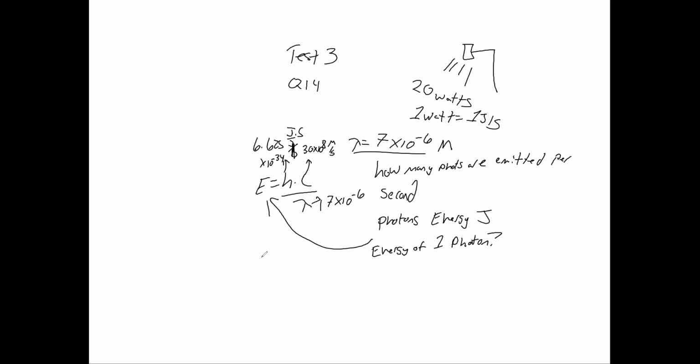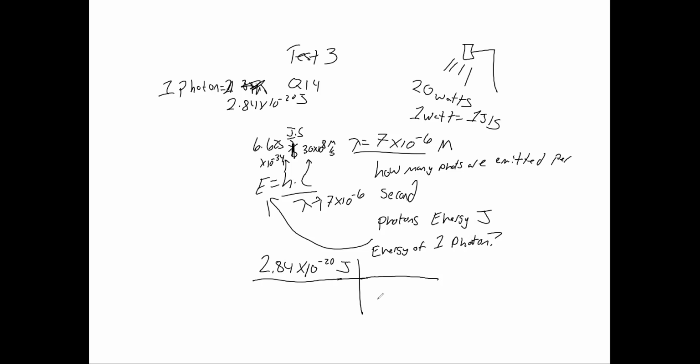And we can use our train track for that. One photon is 2.84 times 10 to the minus 20 joules, right?